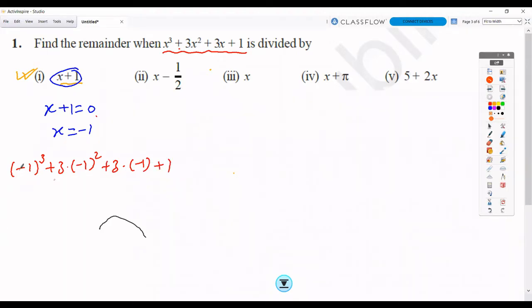Now this is the remainder. Minus 1 cube means minus 1, plus minus 1 to the power 2 means plus 1. So minus 1 plus 3 minus 3 plus 1. Here 0. Remainder 0.